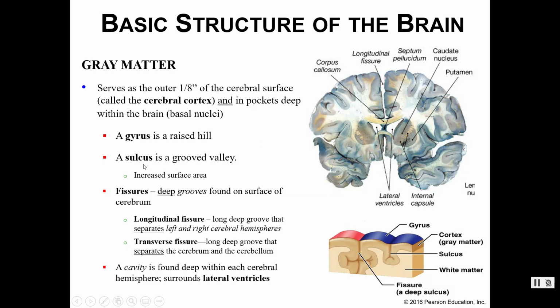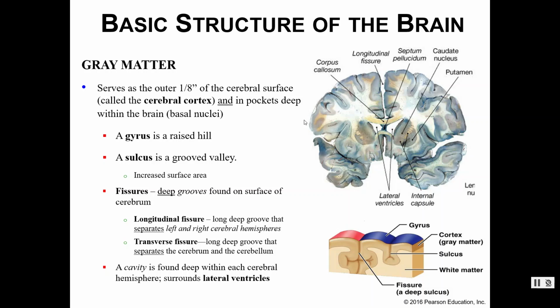These grooves or valleys are individually called a sulcus. Collectively or in multiples, they are called sulci. So gyri and sulci are plural. This pattern, hills and valleys, allows us to increase the surface area of our brains. The more surface area, the more brain we can pack inside that cranial cavity, the more neurons we can have, the smarter we can be, the more things we can do.